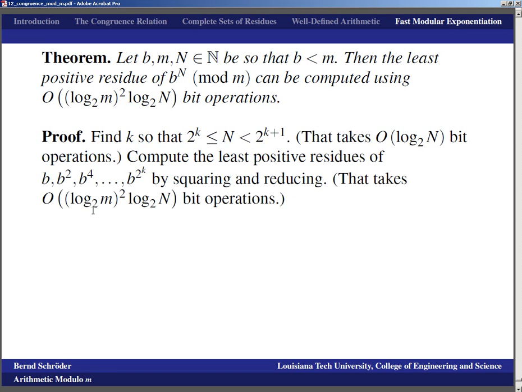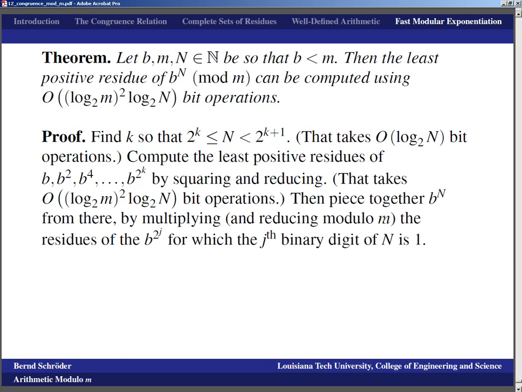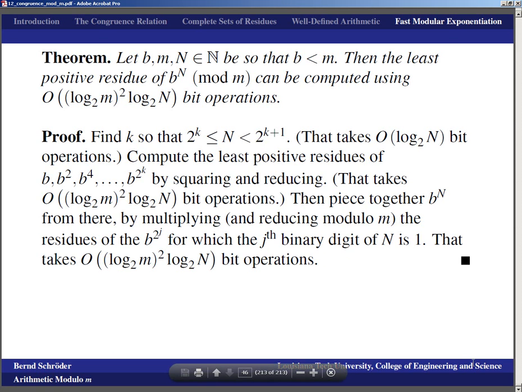That takes capital O of (log 2 m) squared times log 2 n bit operations: log 2 n because you have to do it these k times, and (log 2 m) squared is what the squaring and reducing takes. Then you piece together b to the n from there by multiplying, and of course reducing modulo m, the residues of the b to the 2 to the j, for which the j-th binary digit of n is equal to 1. That takes capital O of (log 2 m) squared times log 2 n bit operations, again because you're multiplying log 2 n times. And that is the proof.